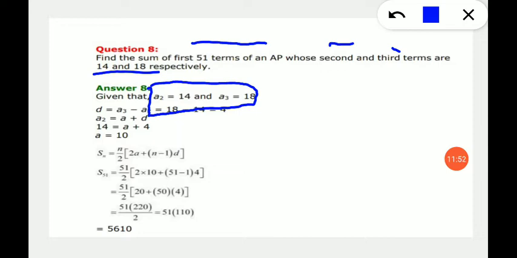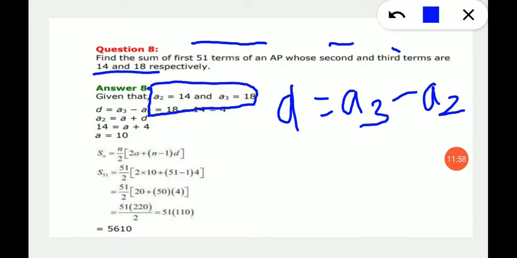So directly we can find out d, that is A3 minus A2. These two are two consecutive terms. If they are two consecutive terms, then their common difference is the difference of the two numbers. So A3 minus A2 and we get our common difference as 4.